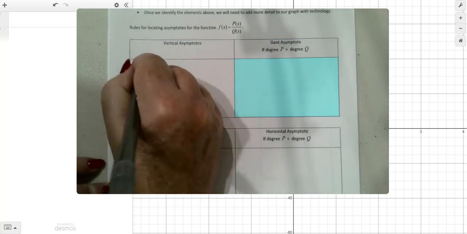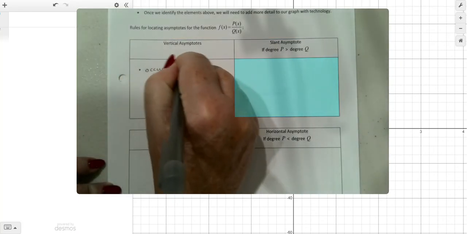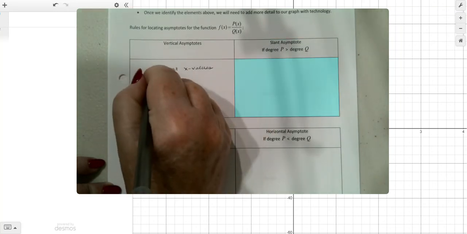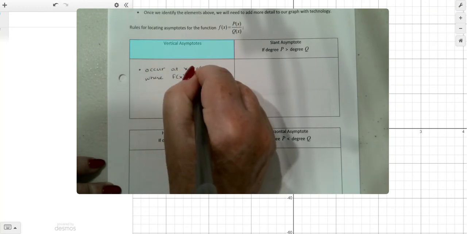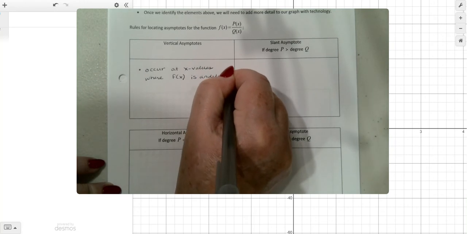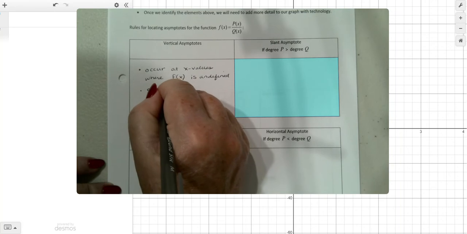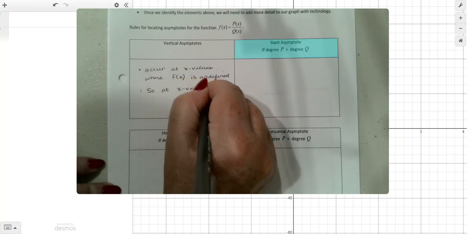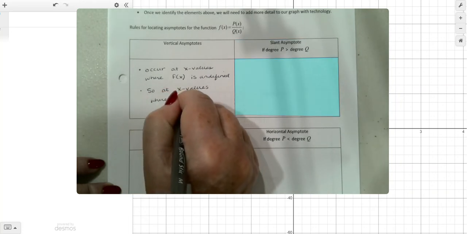So vertical asymptotes occur at x values where f of x is undefined. So in other words, at x values that make our denominator, q of x, equal to 0.